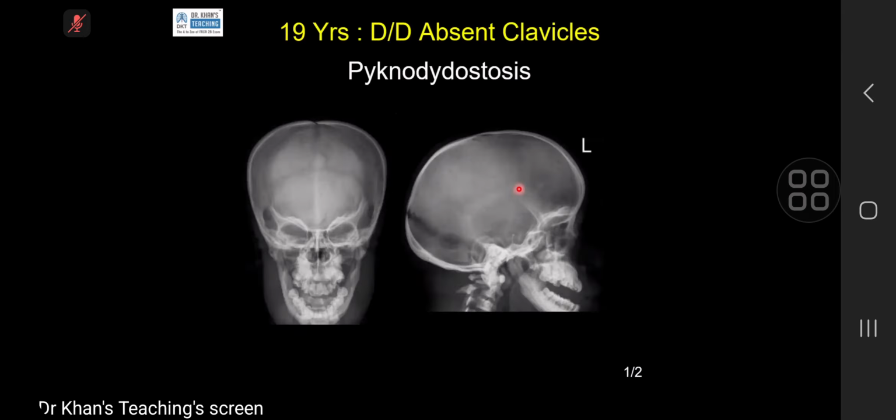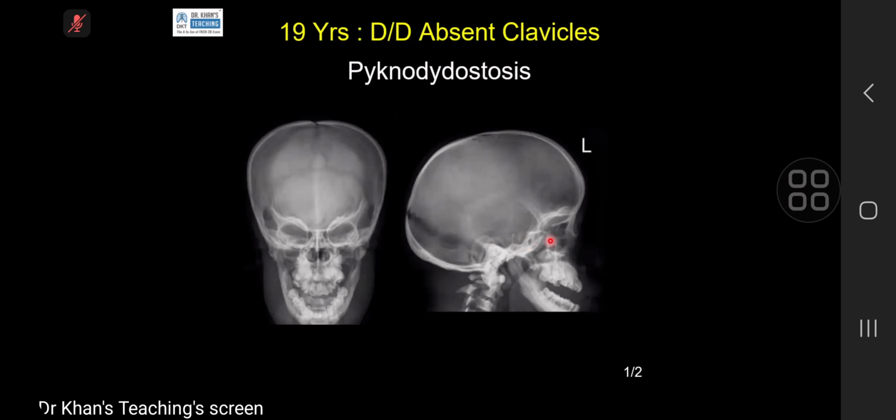In pycnodysostosis, the bone density is increased. This is a Wormian bone sitting inside the suture. Look at the bone density. Look at the base of the skull, and it is increased. Look at the margins of the orbit, and they are very sclerotic.